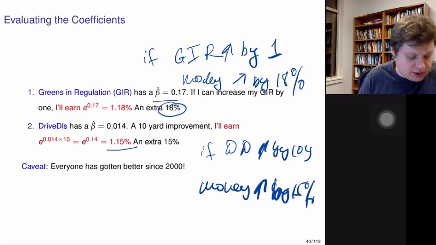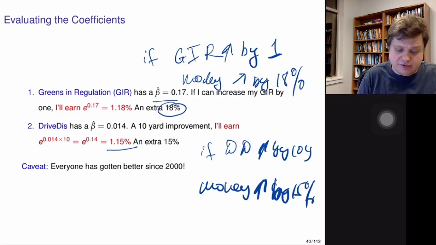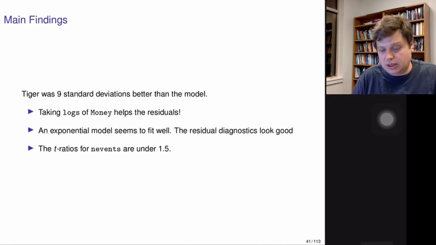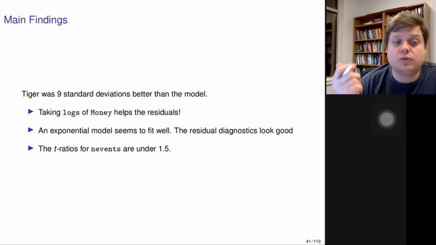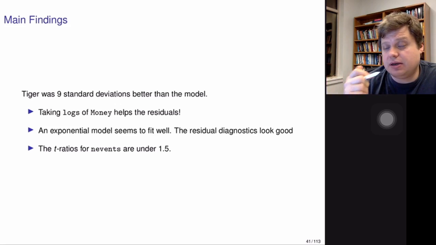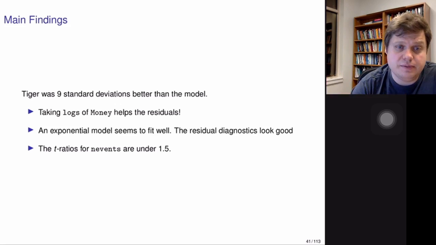So if you try to analyze this and give some recommendations to modern-day players, you have to use a new data set, because those coefficients might not be valid anymore. But based on the model that we have, here are a few findings. Tiger Woods was 9 standard deviations better than the average player, at least on the linear scale.